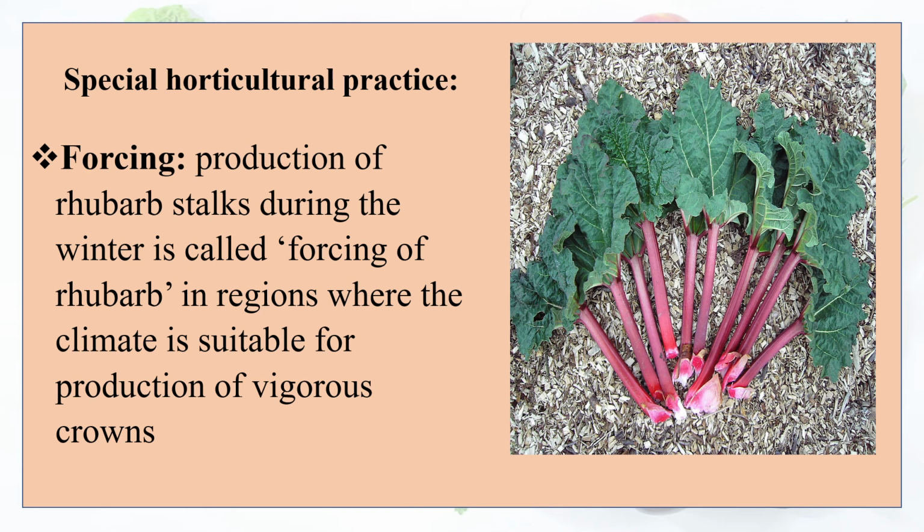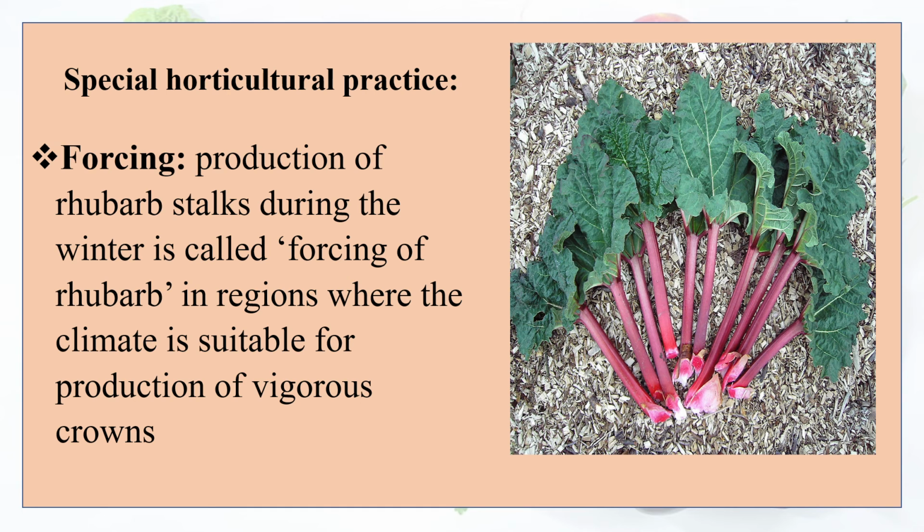Normally, we will collect 3 to 4 years old planting को collect करेंगे. After collecting, we will let it be in frozen conditions. So we will keep it aside in a freezing condition, and later this freezing allows the buds to be in rest period.